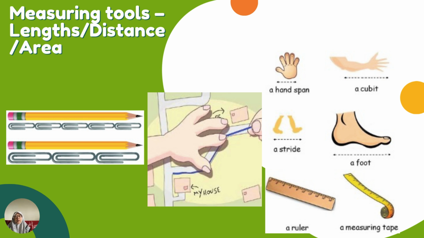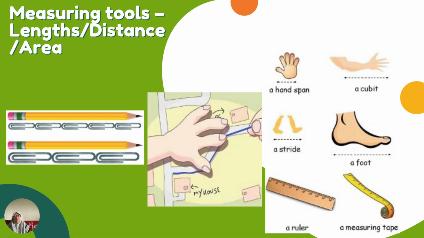So you give them an example, an activity where they need to use the palm of their hand, for example, and measure how long their desk is, and write it on a piece of paper.